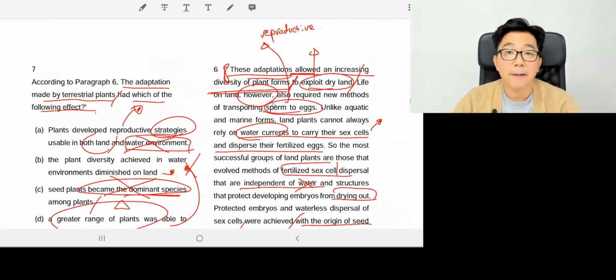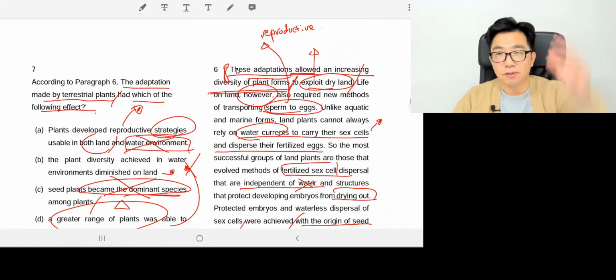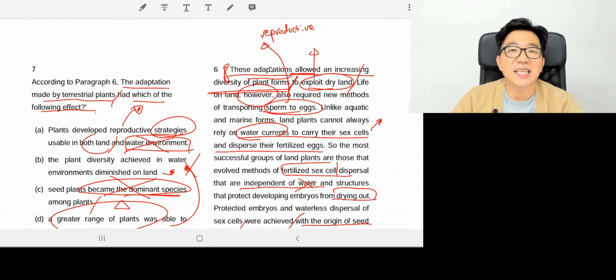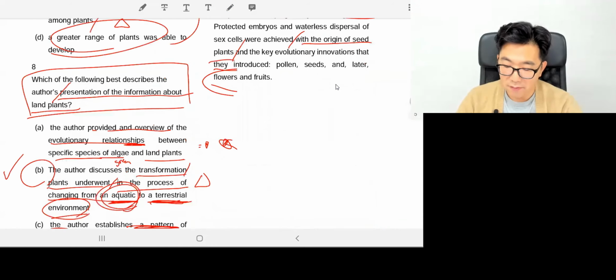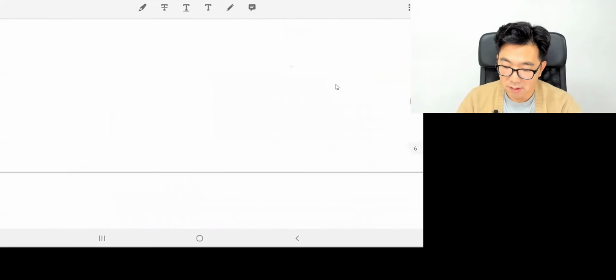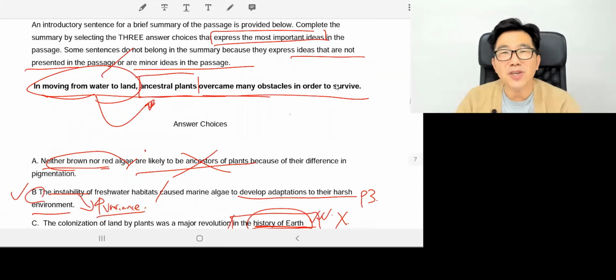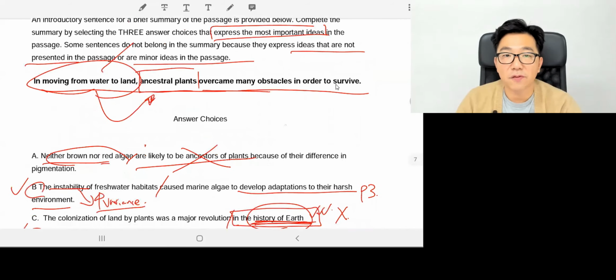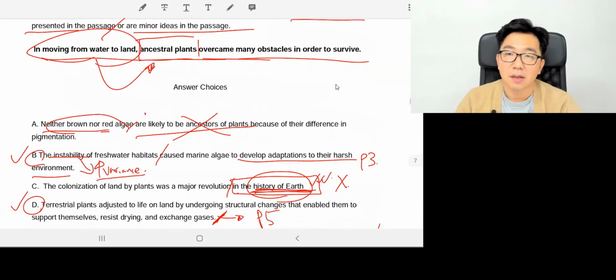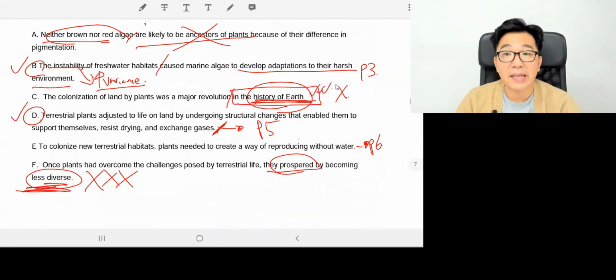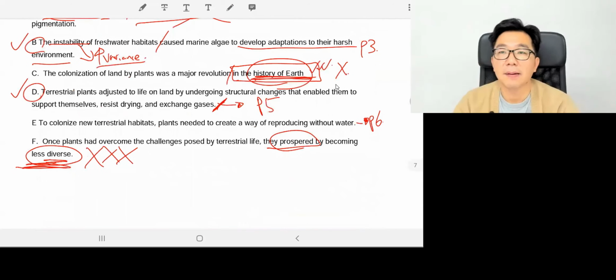Yeah, okay. Sorry to skip up and down. These adaptations allow an increasing diversity of landforms to exploit dry land, right? Okay, so it thrived and it became more diversified. It mentions this once or twice, actually, if you remember. You can look at the video again or find the right section of the video.